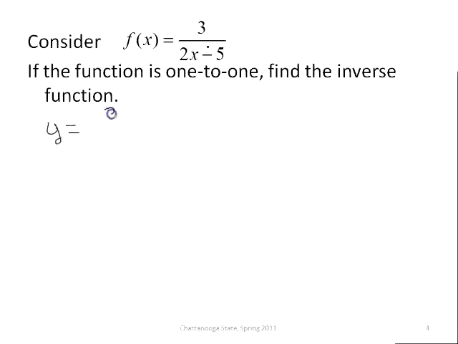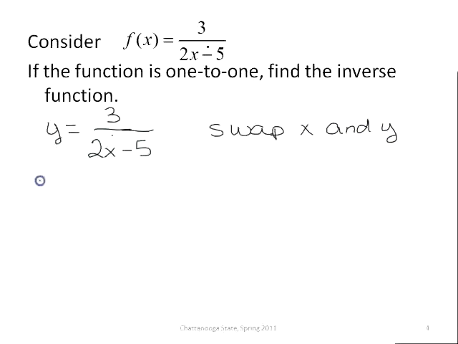I'm going to write it using the y instead of the f of x. 2x minus 5 goes in the denominator. Now, I swap my x and my y, which is going to give me x equals 3 over 2y minus 5. And now I want to solve for this y.